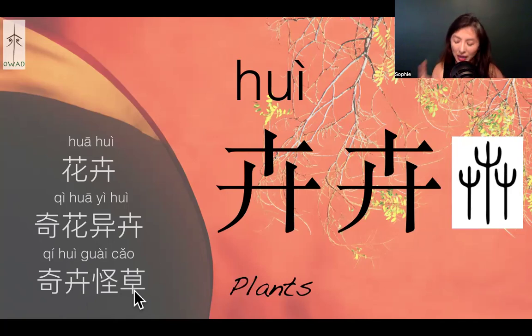And in today's context, depends on the context too, because this 怪 can have some value judgment there. It simply is like beyond the norm. You kind of raise your eyebrows to kind of judging the plant, like why it looks so different. Like it's hard to comprehend. It's not your usual expectation of how this plant should look like.